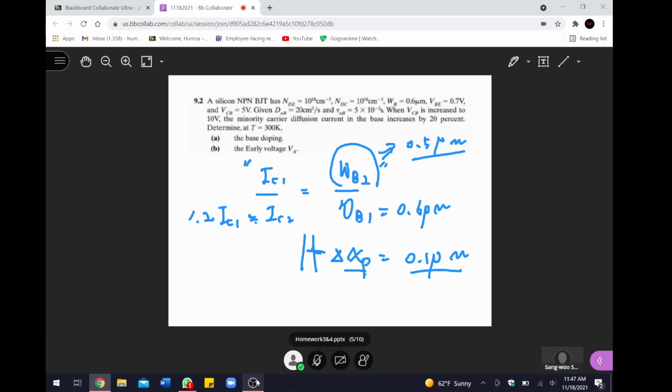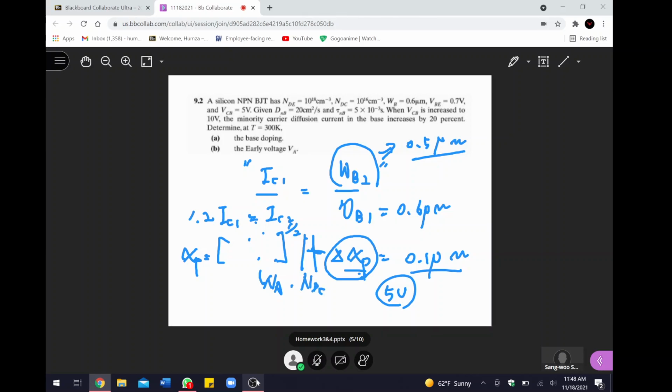Then, as you know, we use the same equation for XP, and the change of this voltage is a 5 volt change. You have this equation with the doping: the base doping is Na, and the collector doping is NC.